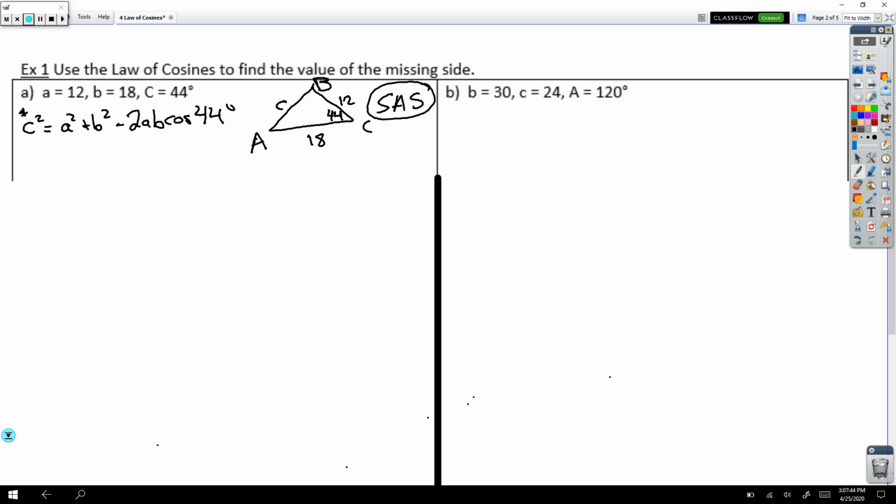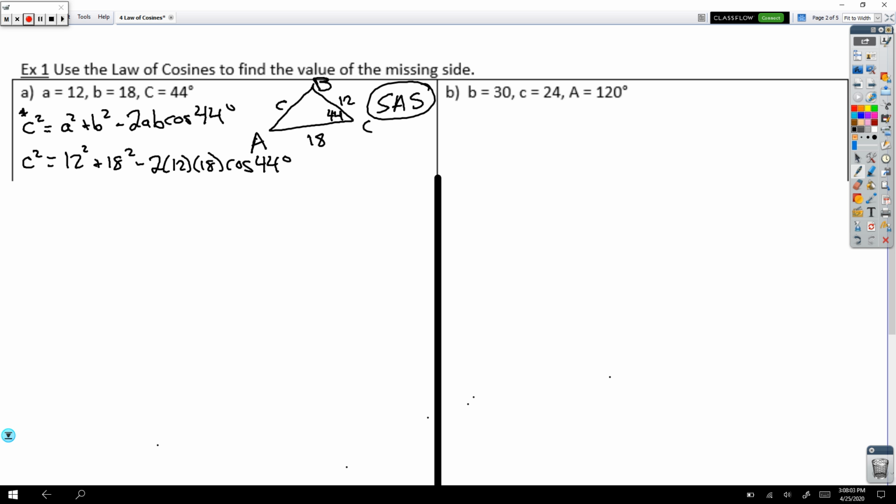So after we plug in everything, it would look like this. 12 squared plus 18 squared minus 2 times 12 times 18 cosine of 44 degrees. So you can type this into your calculator all in one step if you would like.